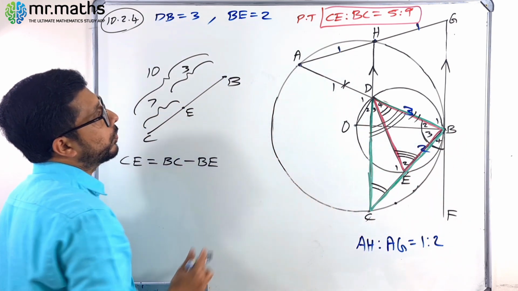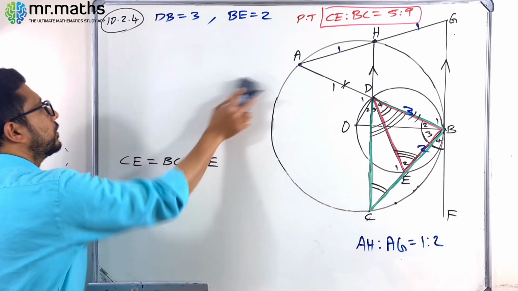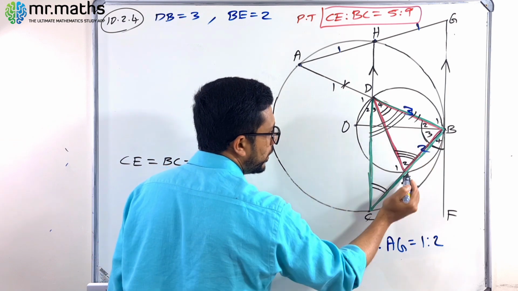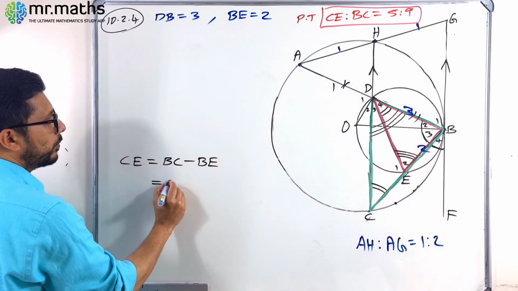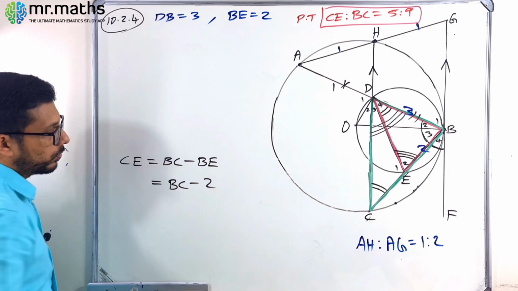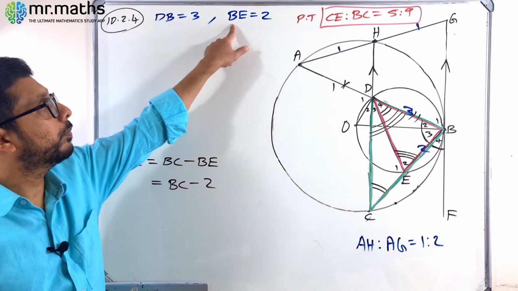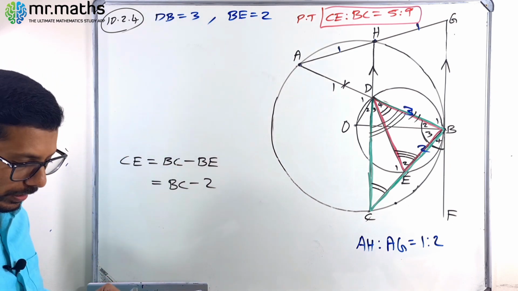Now what is BE? We know that BE is 2. It is given in the question, BE as 2. So it is BC minus 2. You understand, guys? Because it is given in the question that BE is 2. But I want to know what BC is now.